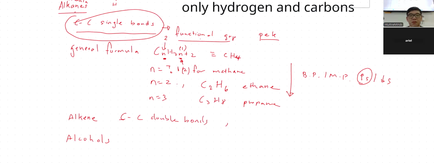CnH2n. So I noticed you got a bit confused between functional group and general formula. It is important to be able to differentiate them because you are looking at a 1 mark question. Write down the functional group of alkene, then suddenly your answer is CnH2n, which is not correct. Marks gone. These are very easy marks to get.